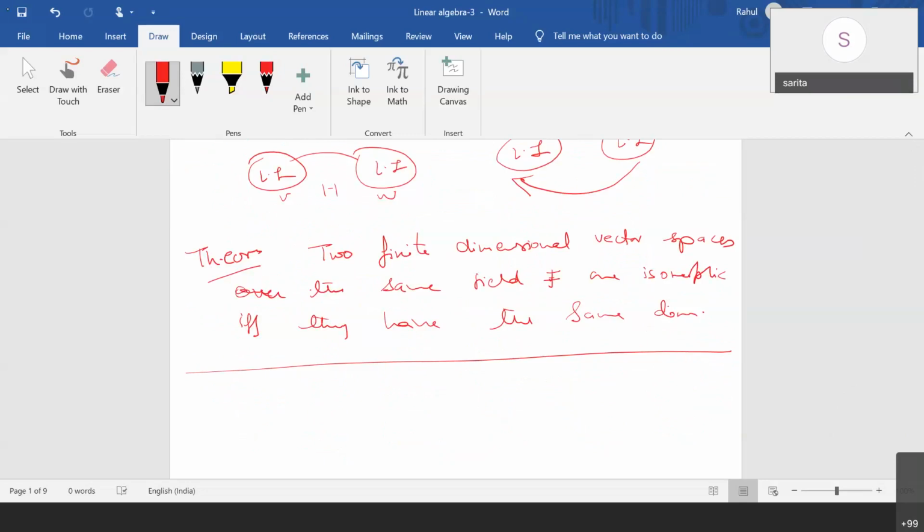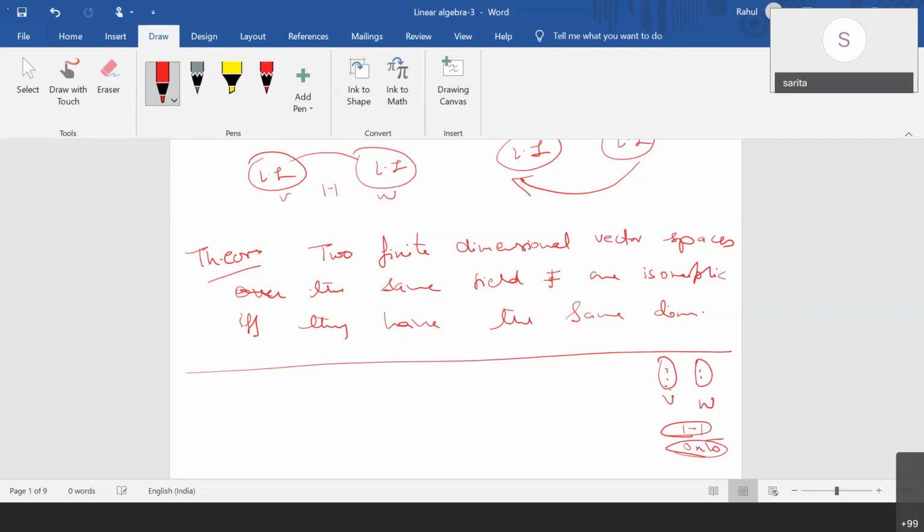So what I'm saying is that if V and W are of the same dimension, meaning they have 3 elements here and 3 elements here, then when proving isomorphism, instead of proving both 1 1 and onto, proving only 1 1 or only onto will suffice.